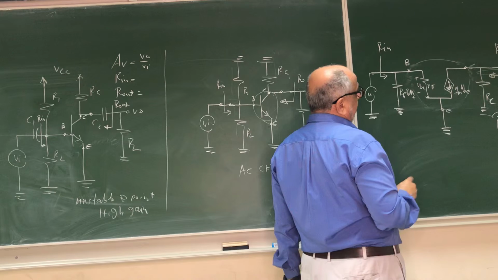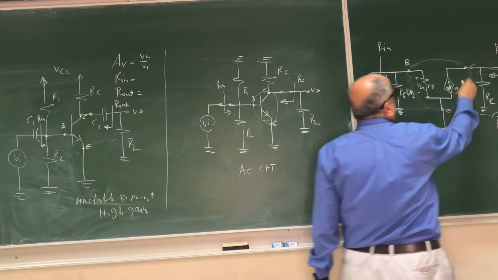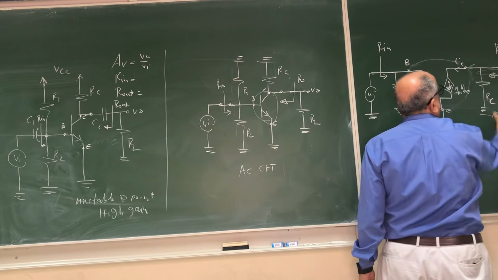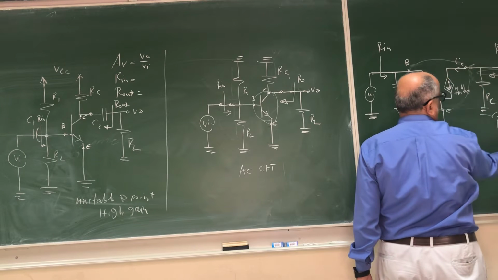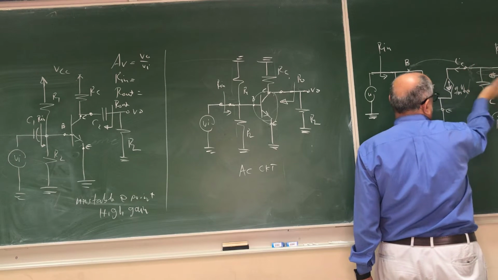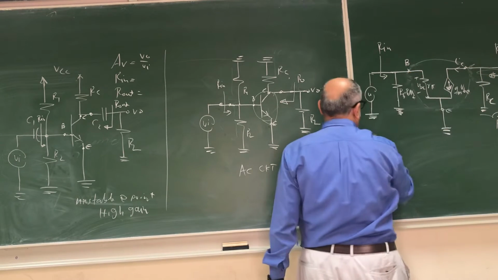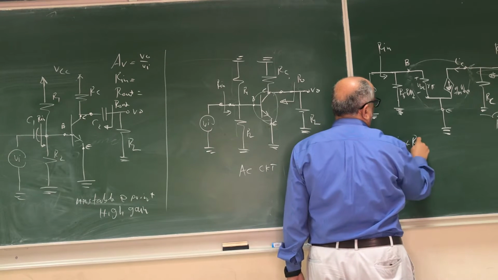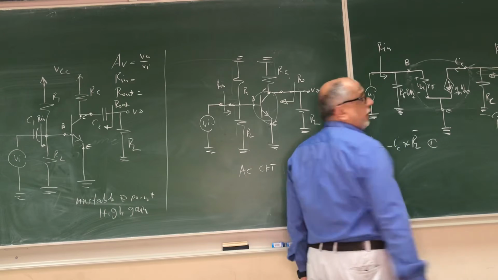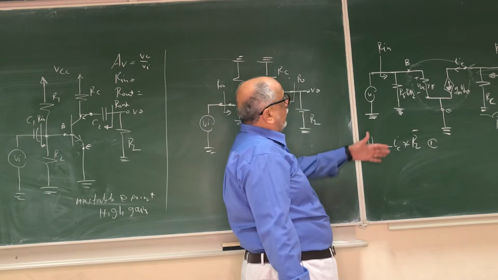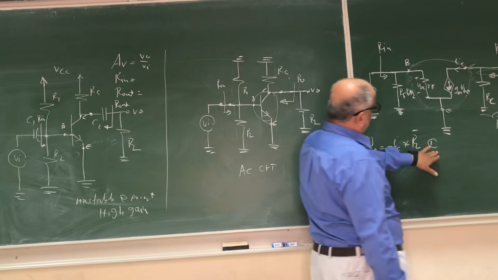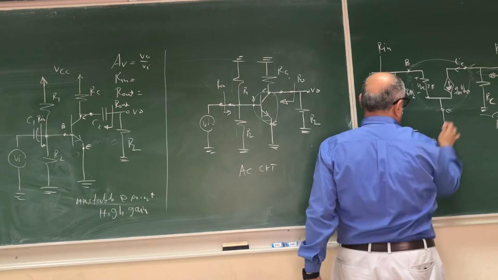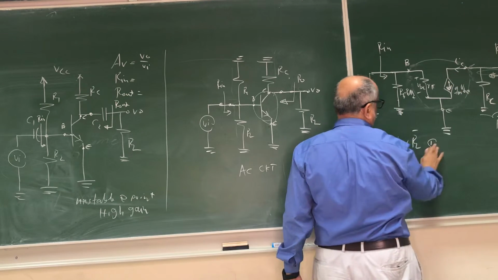And find V out. So we can say this current is IC, V out will be the combined resistors RL dash multiplied by IC, but negative. So we can say V out equal to minus IC times RL dash. So that's equation number one. So IC, you can think about it as, or you can just replace it by gm VBE.